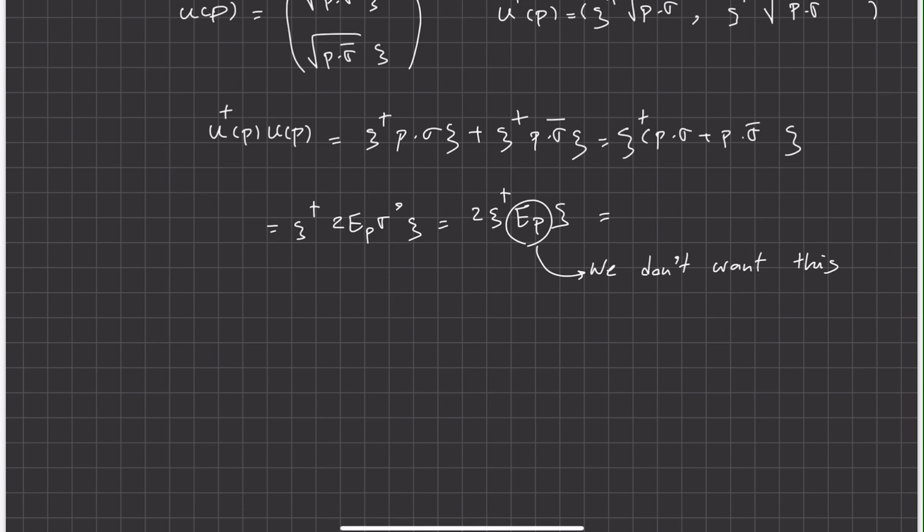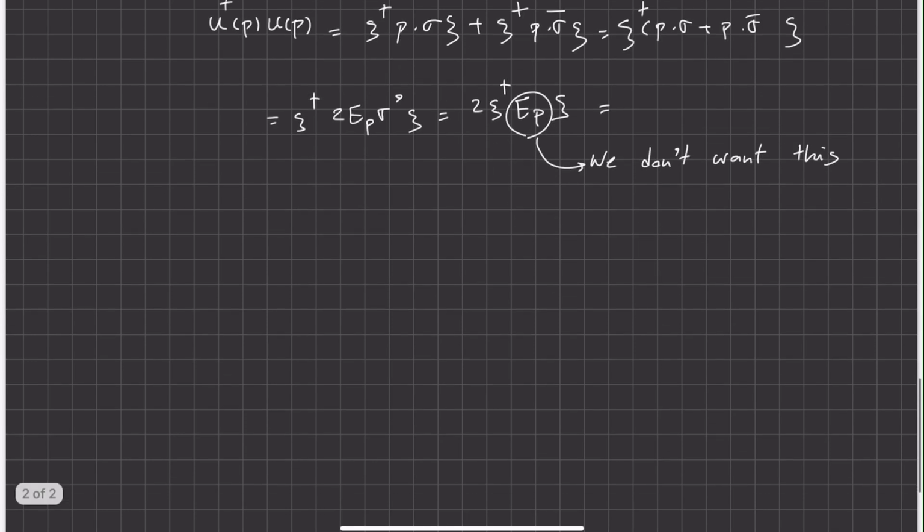So how to fix that is to involve this gamma 0 in that study. Now I'm going to define u bar of p equal to u dagger of p gamma 0.